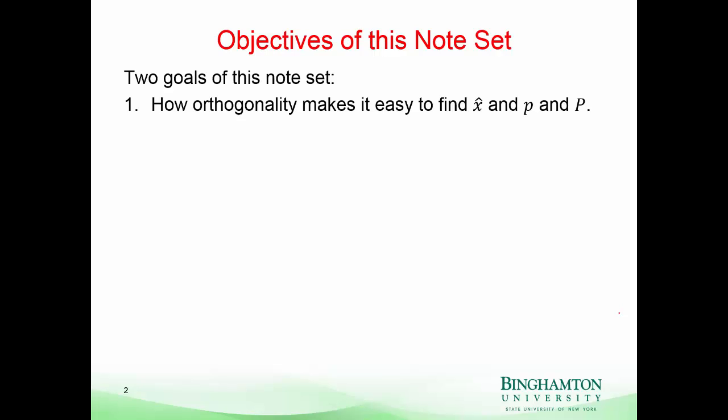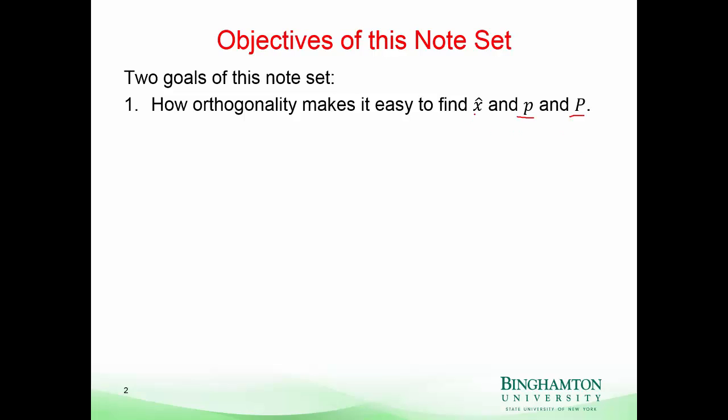So here's what we're trying to accomplish in this particular note set. Well, we want to see how orthogonality makes it easy to do the projection. In the context of a projection, remember there were three things. The little p is the actual projection itself. The big P is the projection matrix.